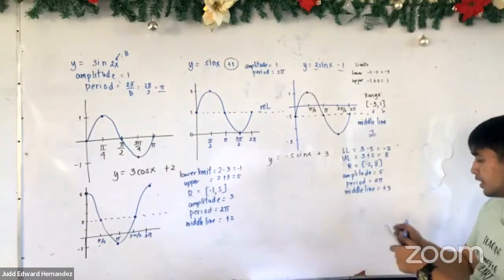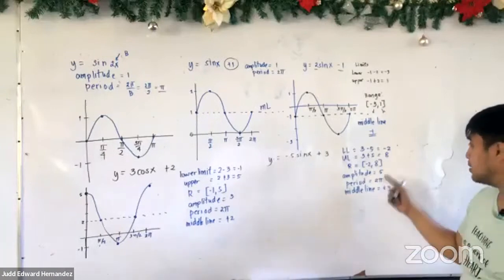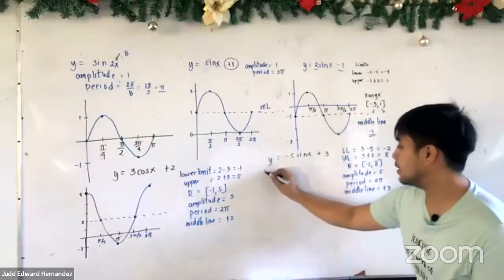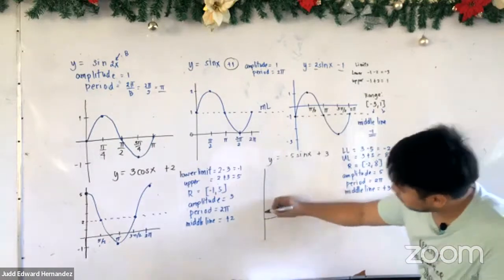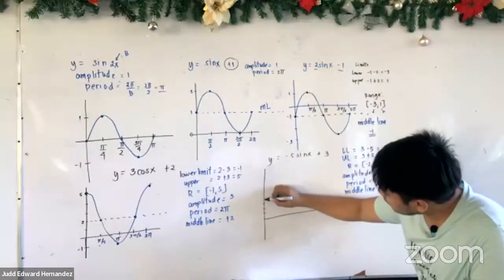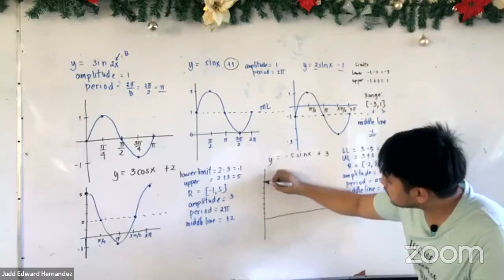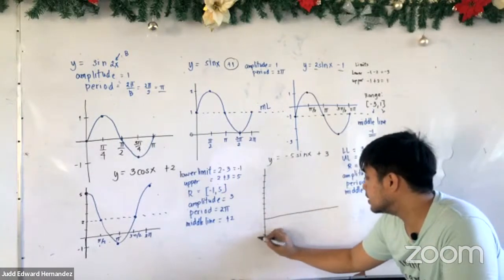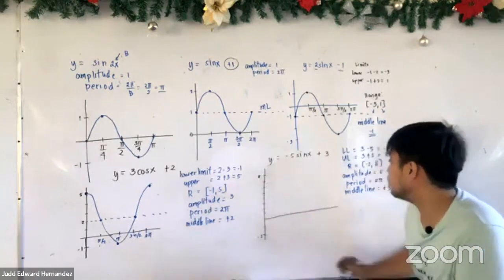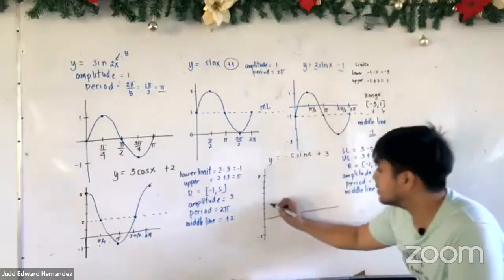Okay, ibig sabihin yung upper limit natin is 8 at yung lower limit natin is negative 2. Okay? 1, 2, 3, 4, 5, 6, 7, 8. Lower limit, negative 2, 1, 2. This is negative 2. This is positive 8. What is our middle line? Our middle line is 3.